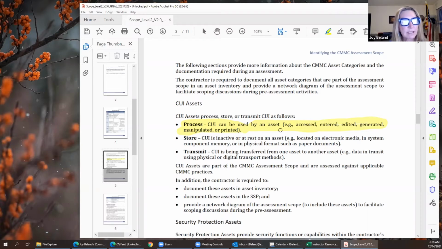And in my mind, as they go through 800-171, and more importantly, 800-171A, with every single assessment objective tied to every single practice or control, they need to be looking at how they are accessing the environment and what they are doing in it. Because now the roles and responsibilities and the customer responsibility matrix goes a level deeper.